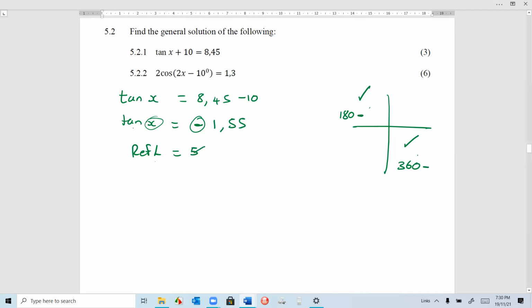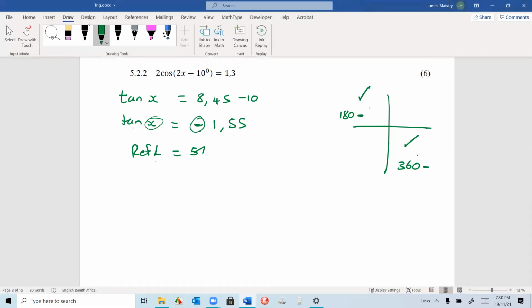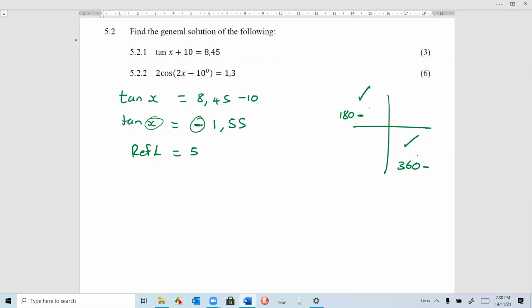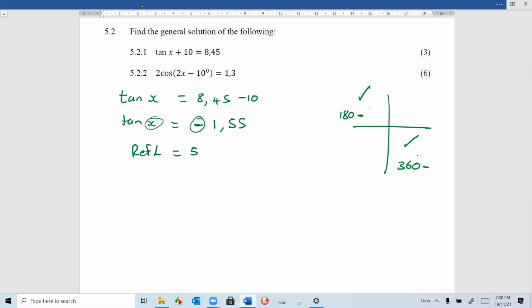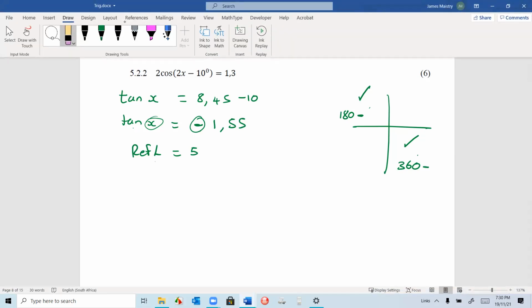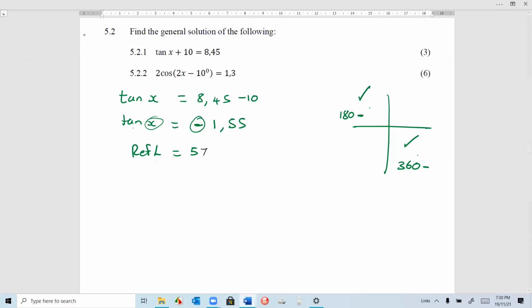Can someone confirm that? Yes, sir. Okay, so we have our reference angle. Is that correct? Yes, sir. Okay.